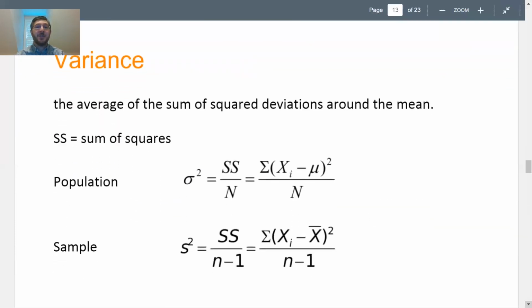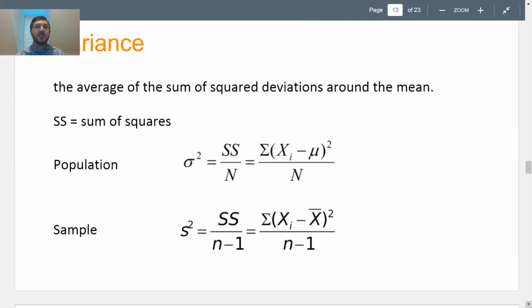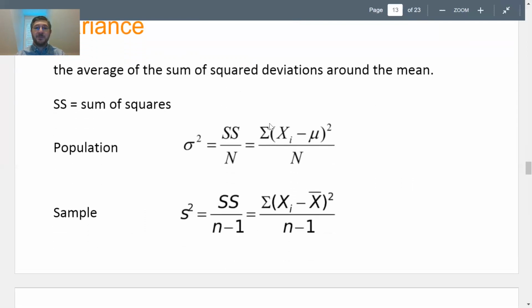Variance is just the average of the sum of squared deviations around the mean. Remember, the sum of squared deviations around the mean is smaller than around any other value. So if we want to compute the variance, we take each score in the distribution, subtract it from the mean, square it, and do that for every score.